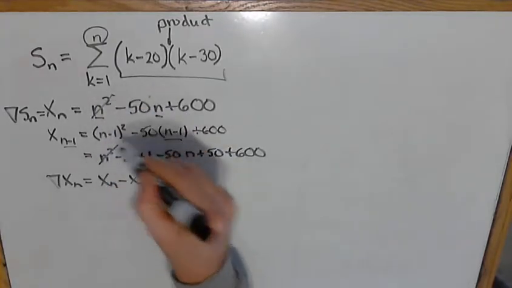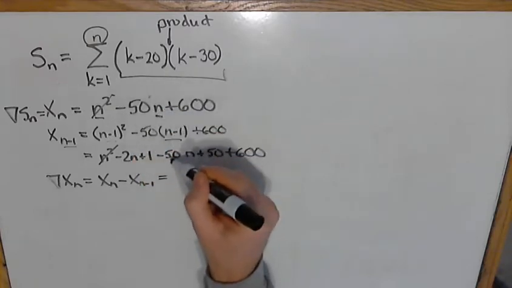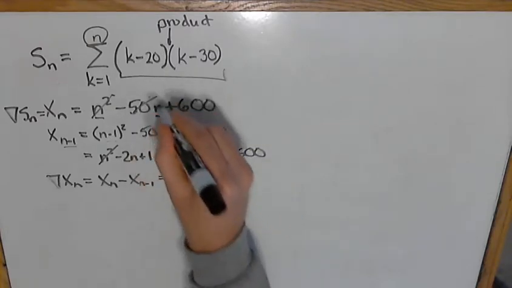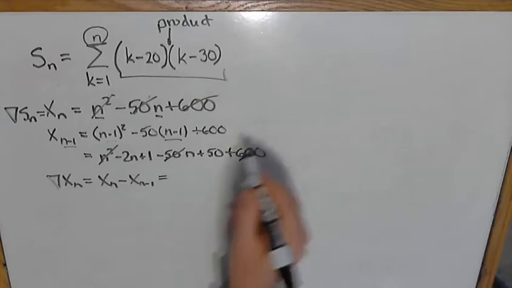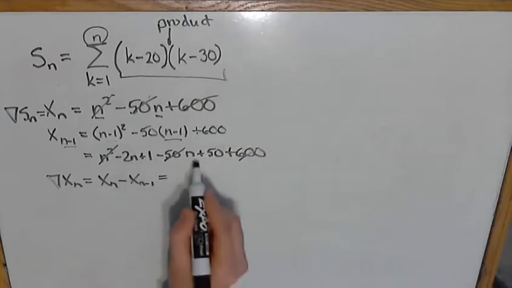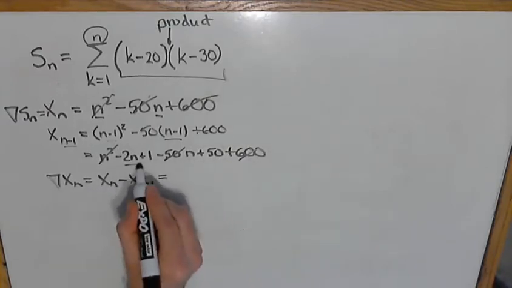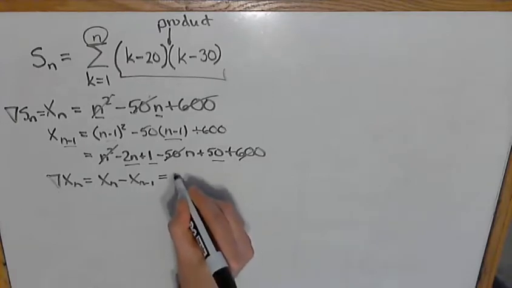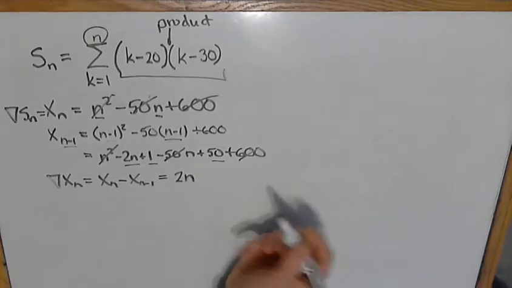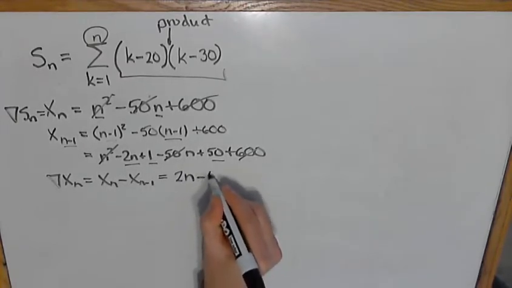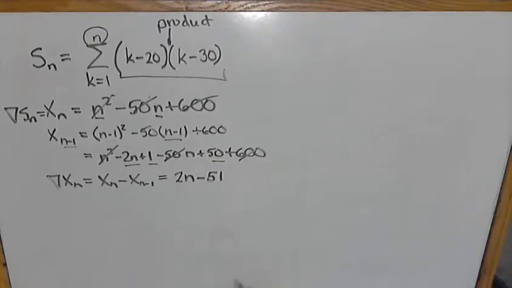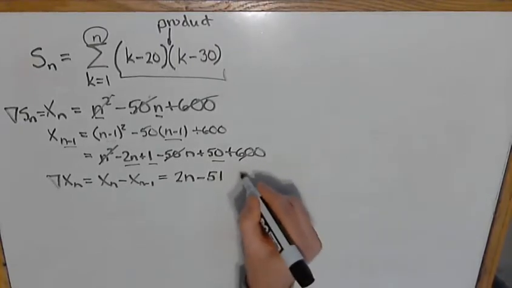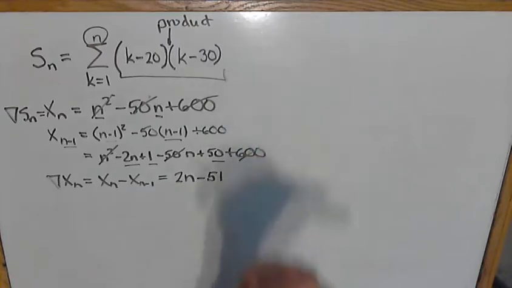Those cancel. Minus 50n minus minus 50n, those are going to cancel. And the 600s cancel. And all I'm left with is subtracting these terms right here. So I'm left with minus subtract negative 2n, 51, so subtract 51. This is a formula for the increments of the increments.